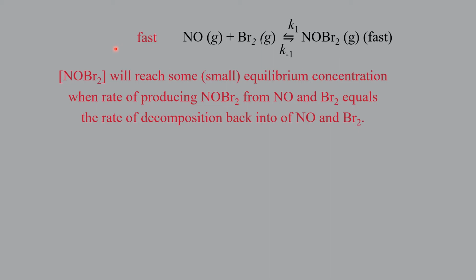So mathematically, if the rates are equal, we can say this, that the rate of the first step is equal to the rate constant of the forward direction times the concentration of NO to the first power times the concentration of bromine to the second power. The rate for the second step, or the reverse step, is equal to the rate constant K-1 times NOBr2.